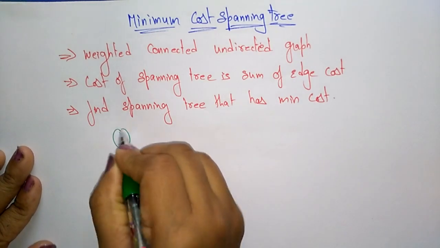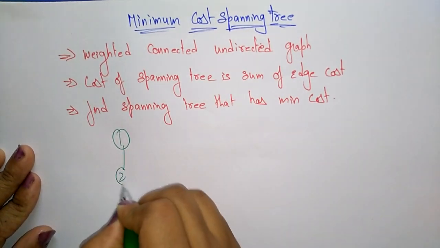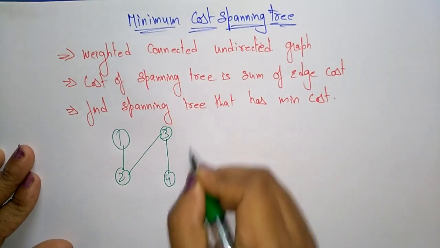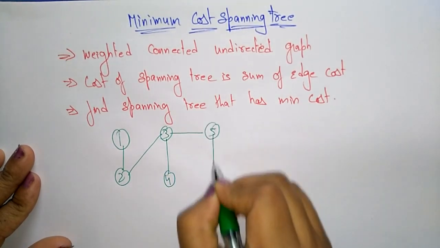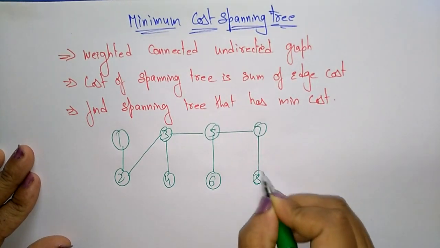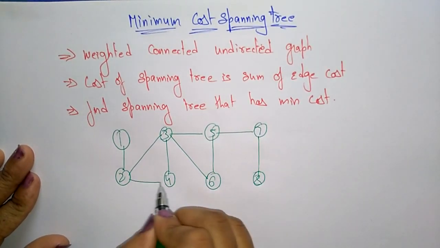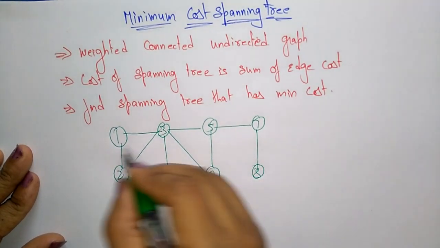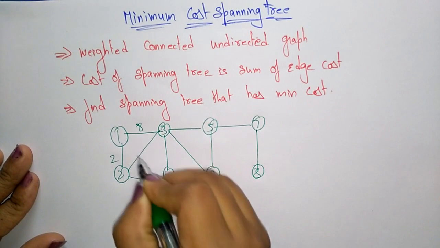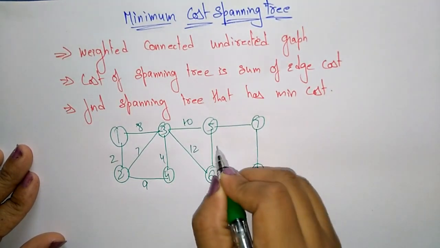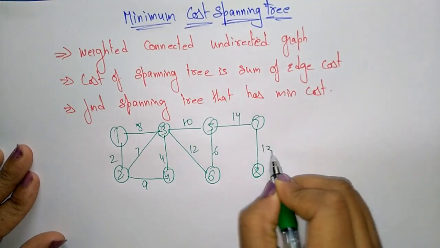So here I am taking one graph with vertices 1, 2, 3, 4, 5, 6, 7, 8. Okay, so this is a graph. The weights for this graph are 8, 7, 9, 4, 12, 10, 6, 14, 13.